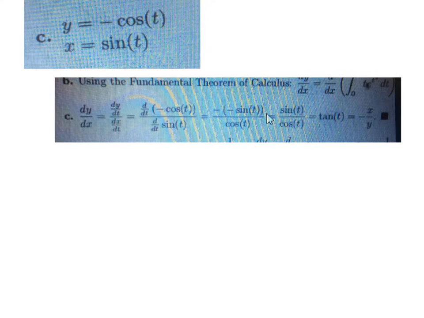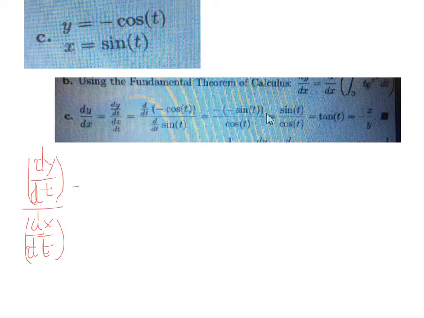So what he's doing here is, if we look at it this way, if you look at dy/dt over dx/dt, it's like dividing two fractions, if you look at it from a simple point of view like that. And what we do when we're dividing two fractions is we multiply by the reciprocal, right?